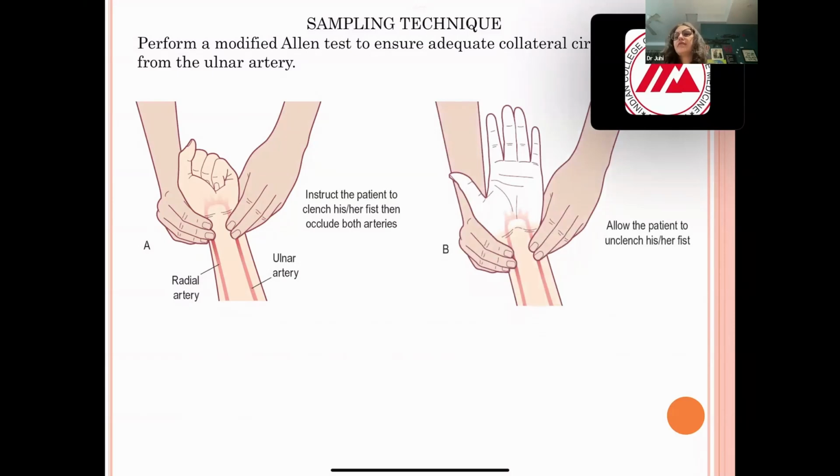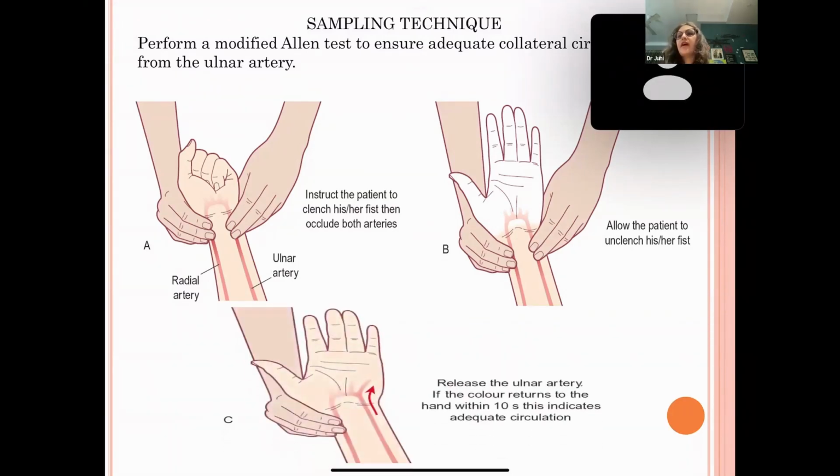In the second step, you ask the patient to open the fist, and since you've occluded both the arteries, the palm will be blanched. It will go white. Now slowly release the ulnar artery while continuing the blockage on the radial artery. If the circulation is intact, the palm will go pink again within 10 seconds.